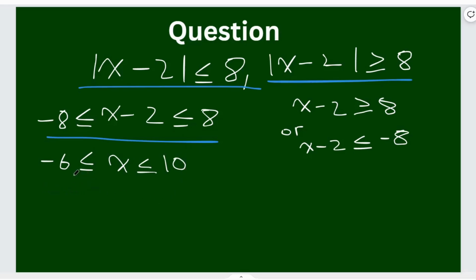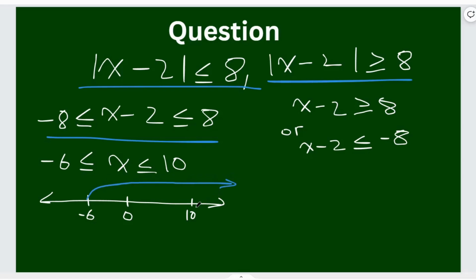You can also visualize this on a number line. In this case this is 0, and this is 6, and this here is 10, positive 10. This is negative 6. If x is greater or equal to negative 6, then you have this area, and if it's smaller or equal to positive 10, then you are looking at this.